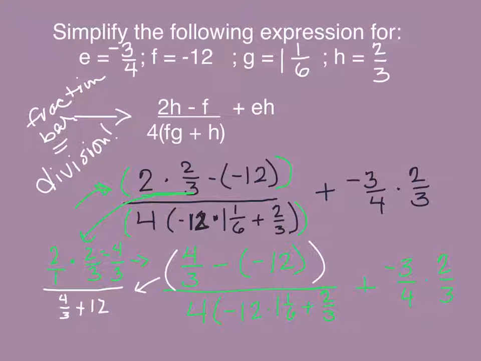So now I know that that's very easy. 4/3 plus 12, that's a simple addition problem. That's going to be 12 and 4/3. So now that I have that, I'm actually going to replace that and bring that on to the next page. So I've got 12 and 4/3. Now I know that 4/3 looks funny, but at this point there's really no reason to change it because I know that at some point I'm probably going to have to turn that into an improper fraction anyway.